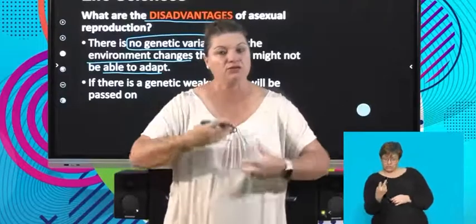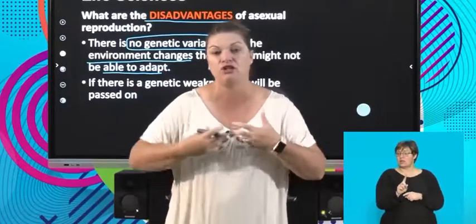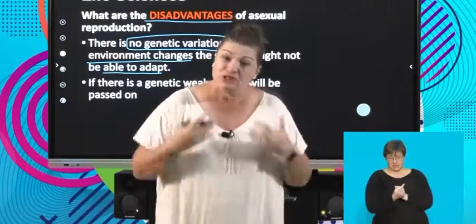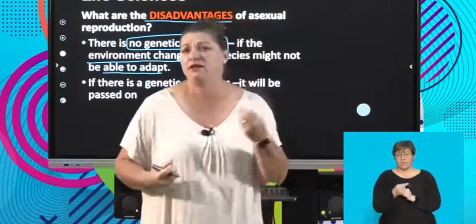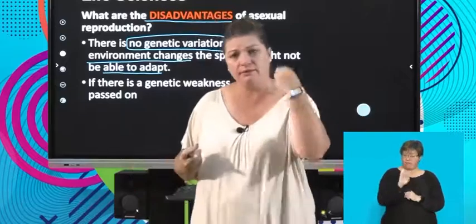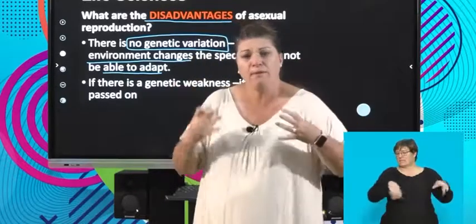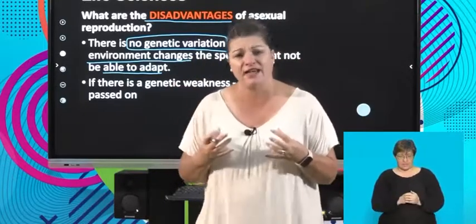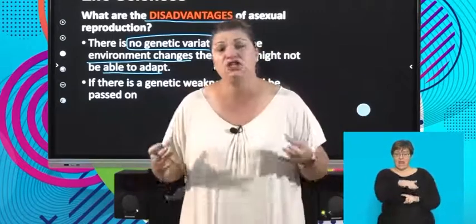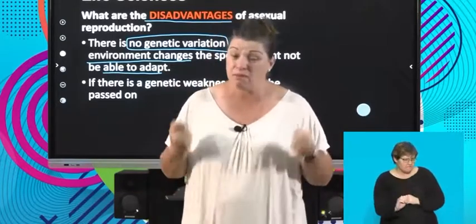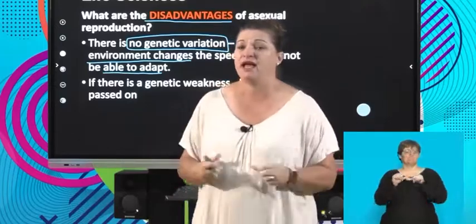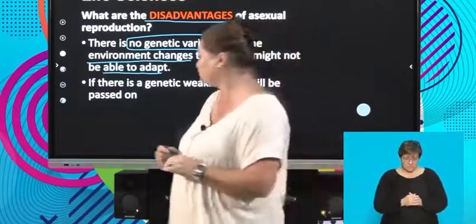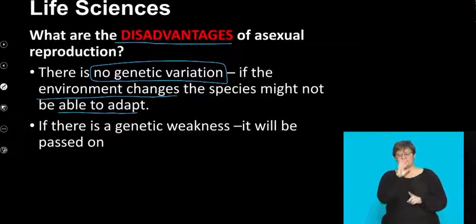Evolution relies on this concept of mutation, of change. But mitosis, cloning, there is no change. It's the same thing. So the problem is, if the environment does change, the plants might not be able to adapt, and they could die out. That's exactly what will happen.